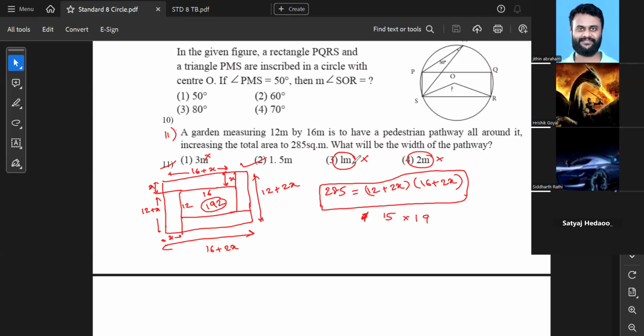Sir, after arriving at this equation, can't we use the quadratic formula instead of factorization? Yes, even in trial and error, if there are two or more options, if we were to solve quadratic, I would probably have used the quadratic formula only instead of factorization.